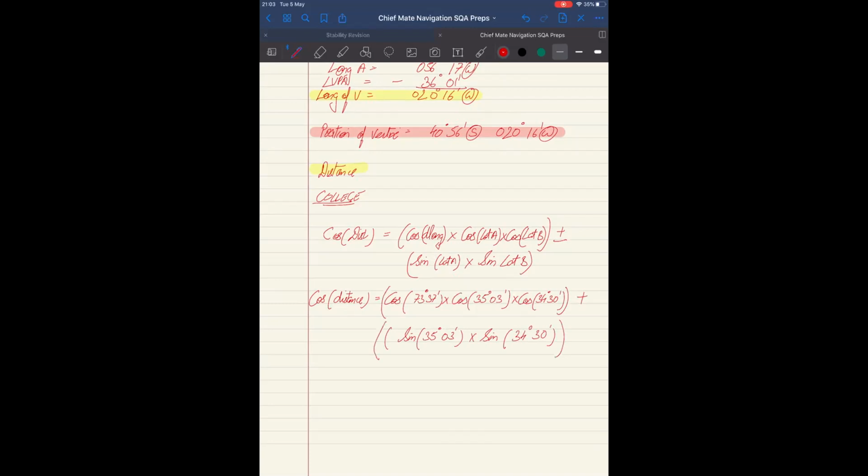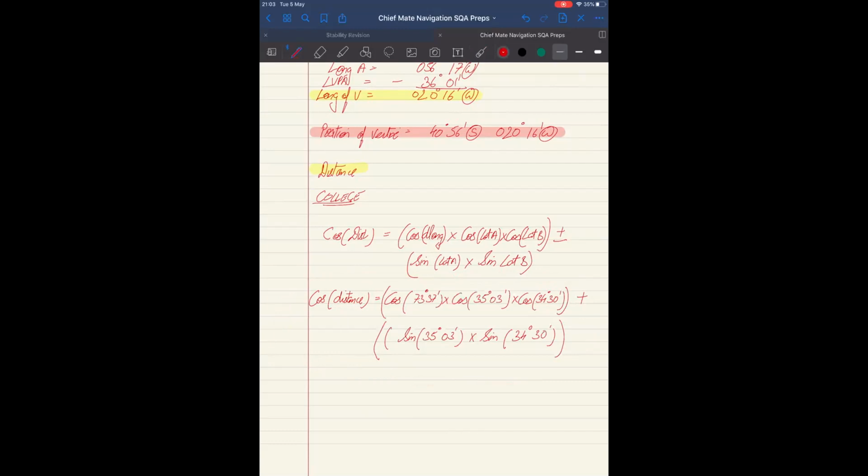Now again, if you have a calculator with the solve function, you can straight away put this equation in and the calculator will directly give you the answer for the distance. You don't need to do anything. But if you don't have the solve function in your calculator, then you can do it independently.